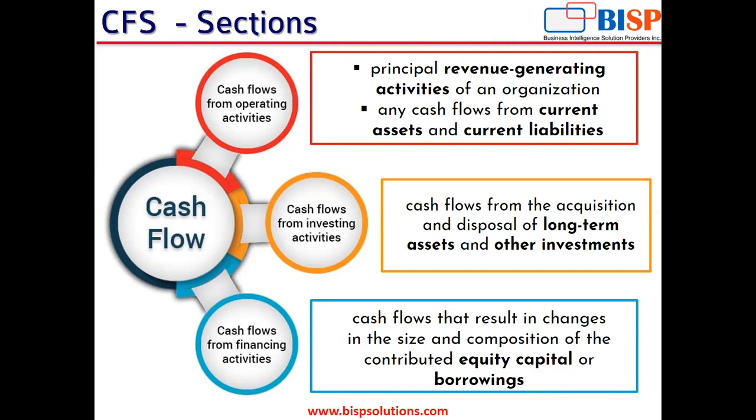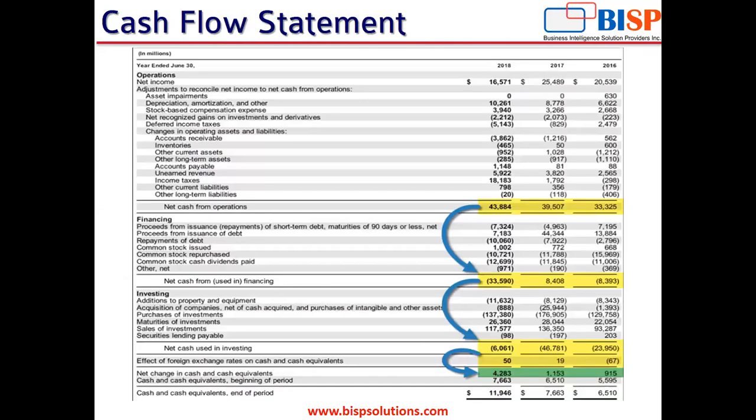Then comes the last section, cash flow from financing activities. Cash flows that result in changes in the size or the composition of the equity capital or the borrowings of the entity. So these are the three sections of the cash flow statement. All of these three together form the cash flow statement or the cash flow report.